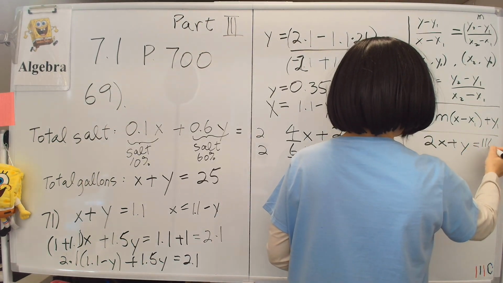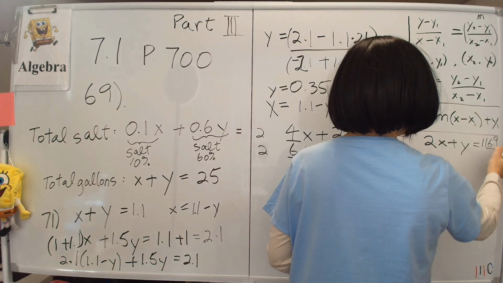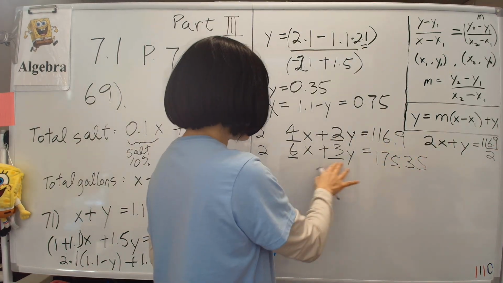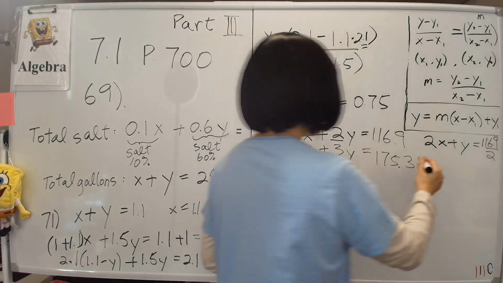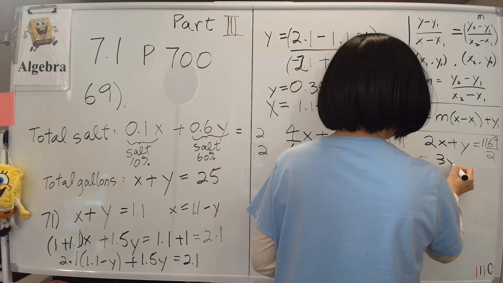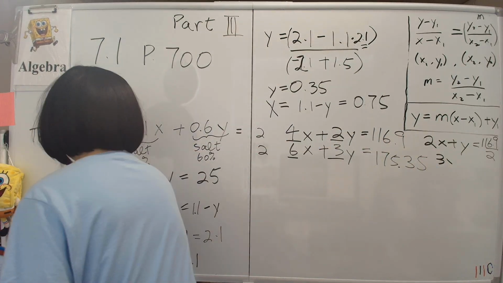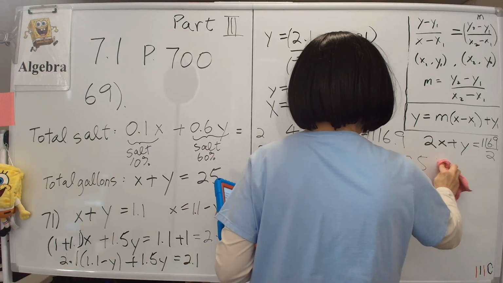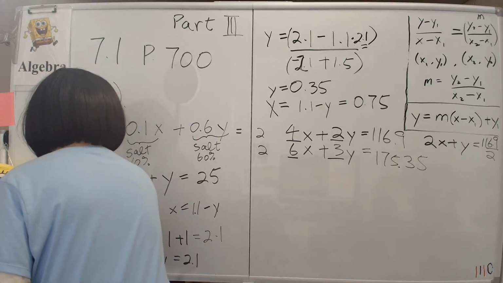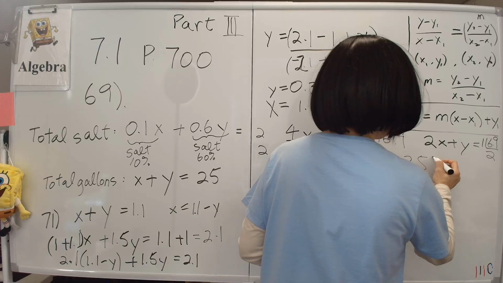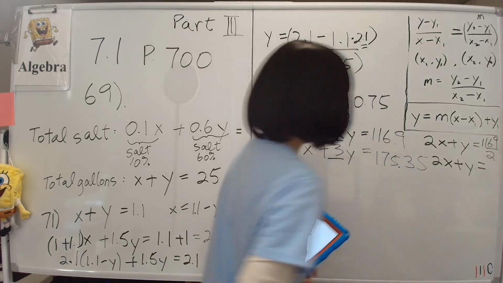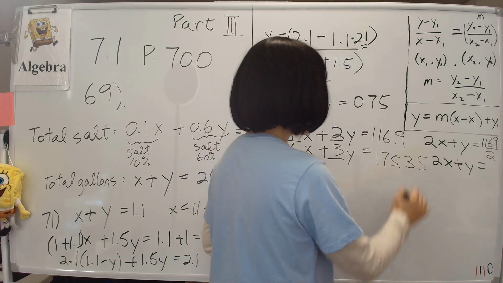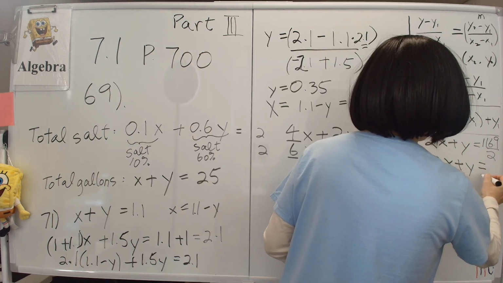I'll write it down. 116.9 divided by 2. And if we simplify this equation, dividing everything by 3, the common factor, we also get 2x plus y equal to something, okay? There is the 175.35 divided by 3.